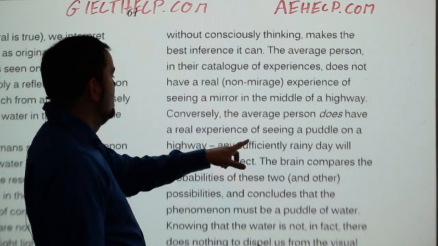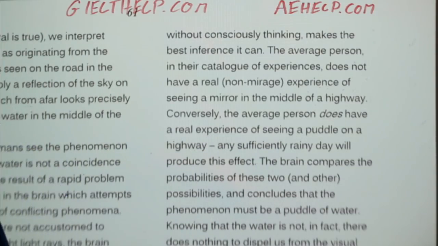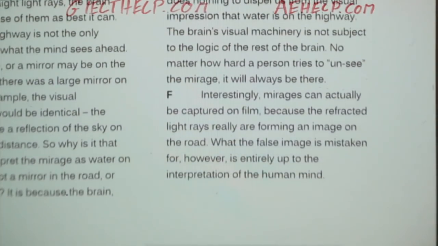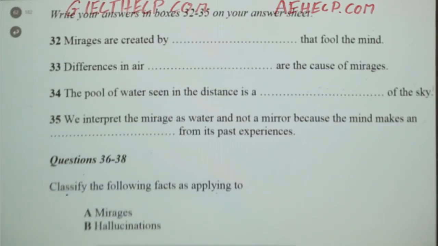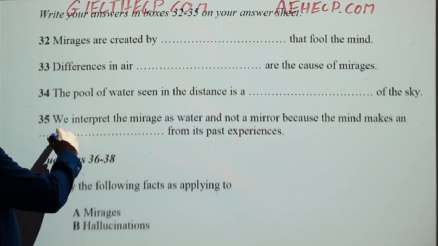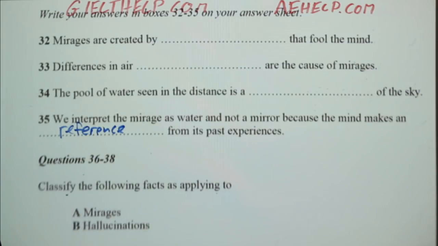Conversely, the average person does have a real experience of seeing a puddle on the highway. Any sufficient rainy day will produce this effect. Okay, it makes a reference or a comparison is fine as well from its past experiences.